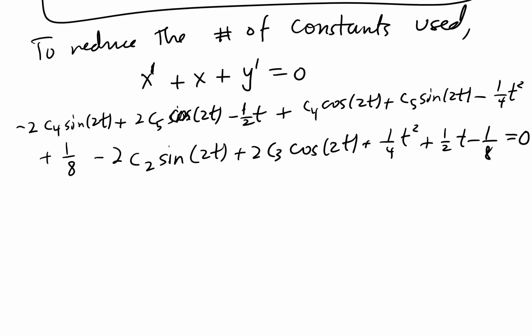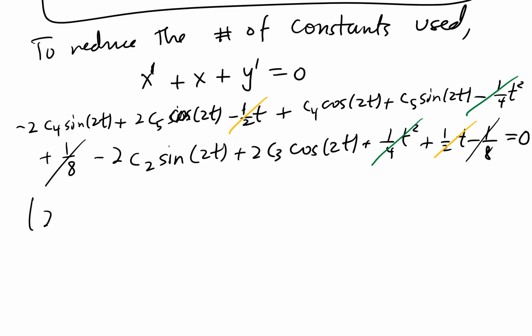And let's see what we get for this. Negative 1/8 and 1/8 cancel each other. 1/4 t squared and negative 1/4 cancel each other. 1/2 t and negative 1/2 t cancel each other. Magic. Now the only thing left, sine 2t and cosine 2t.